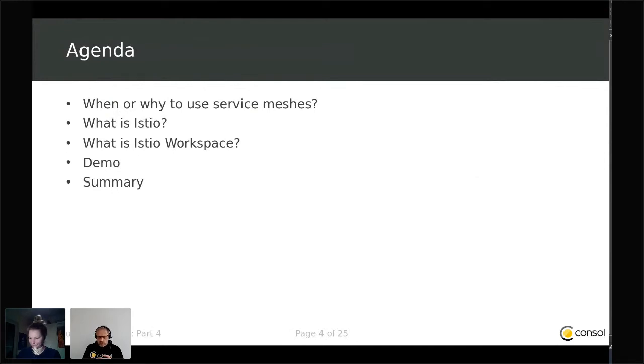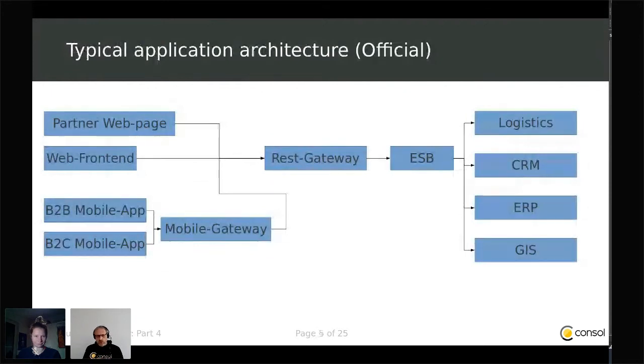So let's start. I'm coming from the middleware development area. I've done quite some development with JEE applications in the area of REST gateways, middleware, and so on. From my background, if you look at enterprises, usually you will have some front-end application, you might have some middleware, and you have some back-end systems that could be logistics, customer relation management, ERP, GIS, or whatever.